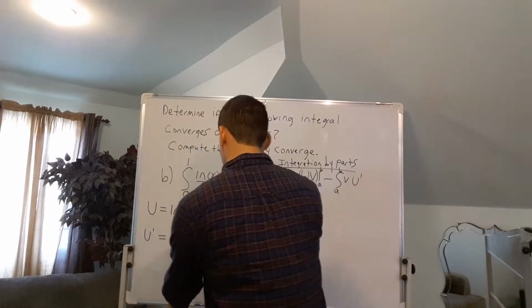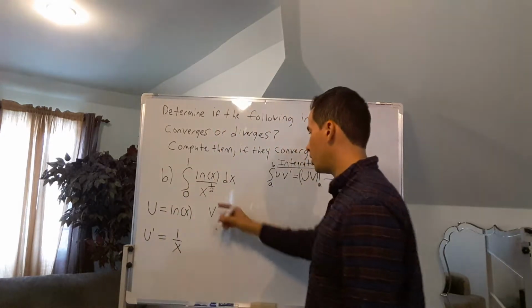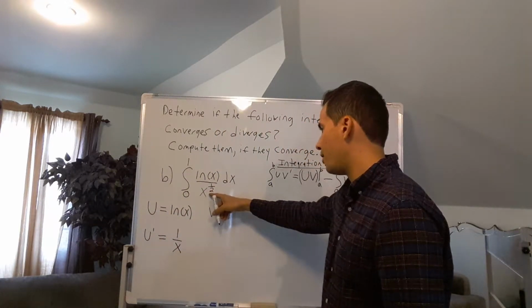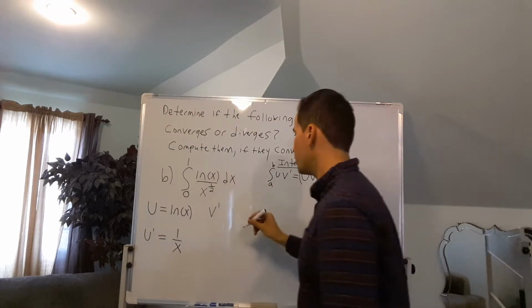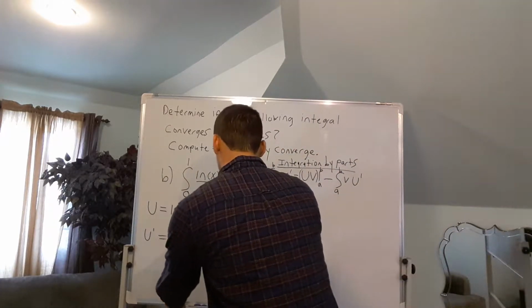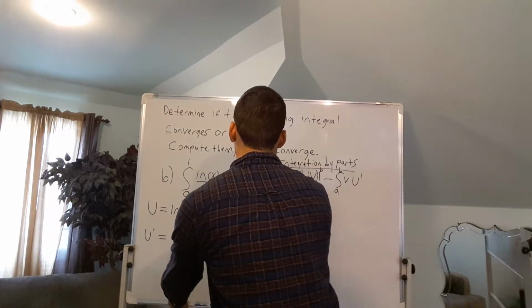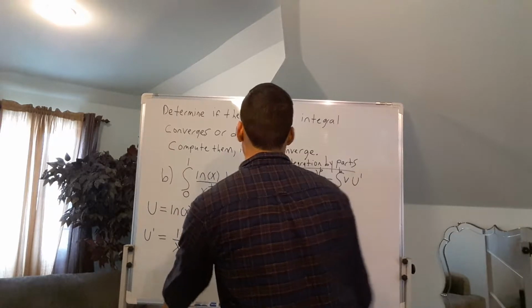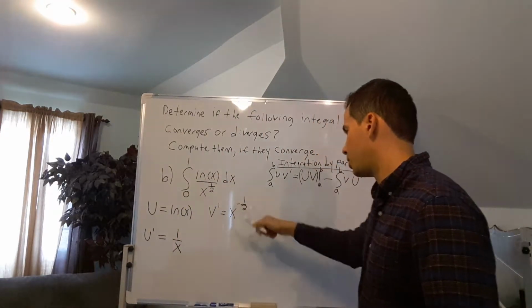And let's call v prime x to the 1/2 power on the bottom, which is the same as x to the negative 1/2 on the top. We're going to call that v prime.